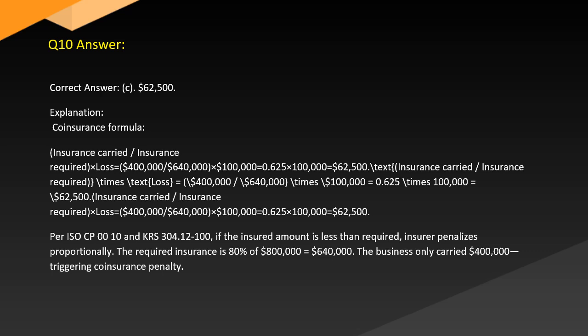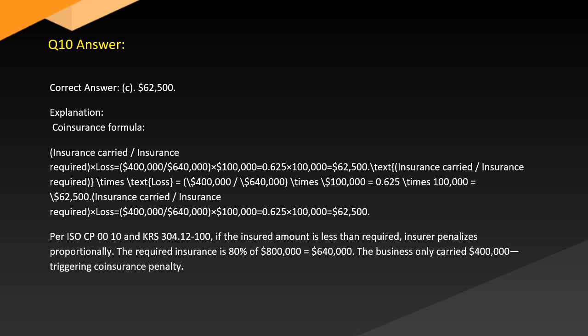That equals $62,500. Insurance carried over insurance required times loss equals $400,000 over $640,000 times $100,000, which equals 0.625 times $100,000, or $62,500. Per ISO form and KRS 304.12-100, if the insured amount is less than required, the insurer penalizes proportionally.